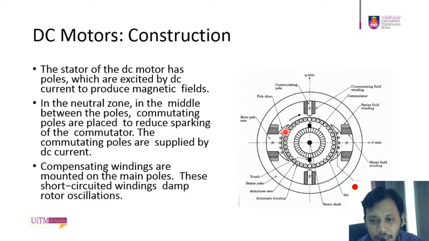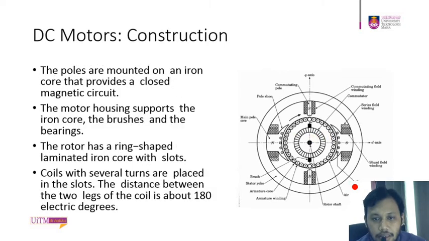The commutating poles are supplied by the DC current. Compensating windings are mounted on the main poles. These short circuit windings damp the rotor oscillations. The poles are mounted on an iron core that provides a closed magnetic circuit, and the motor housing supports the iron core, the brushes, and the bearings.